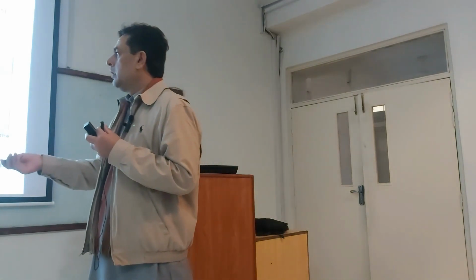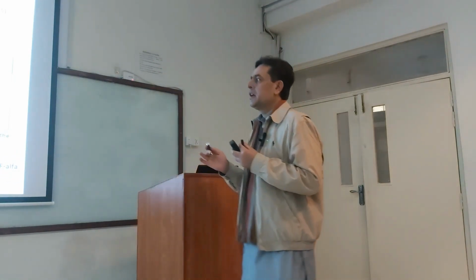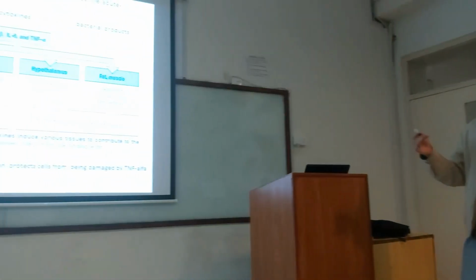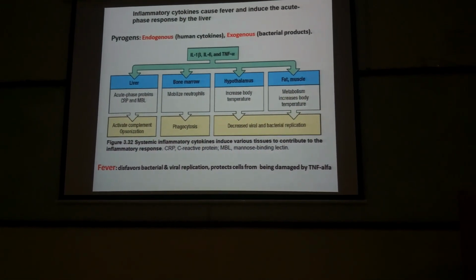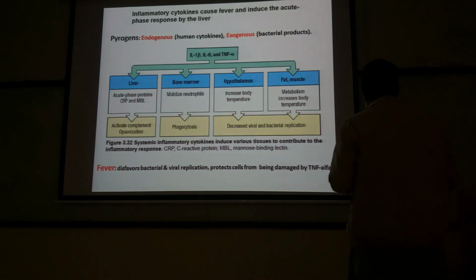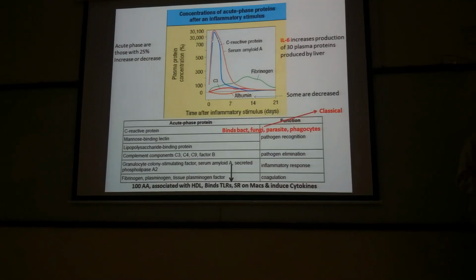So the fever response disfavors bacterial and viral replication and protects the cells from being damaged by the effect of certain cytokines like tumor necrosis factor alpha, which can also be dangerous in some cases if this response is not managed or calculated.